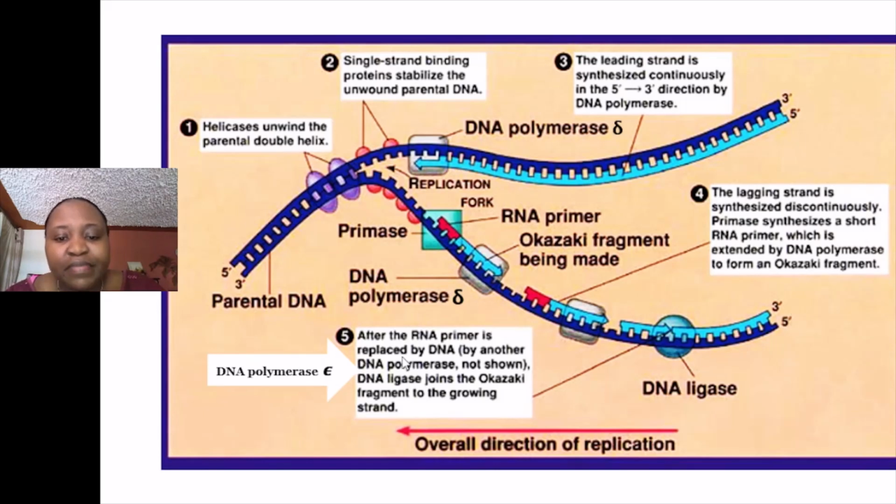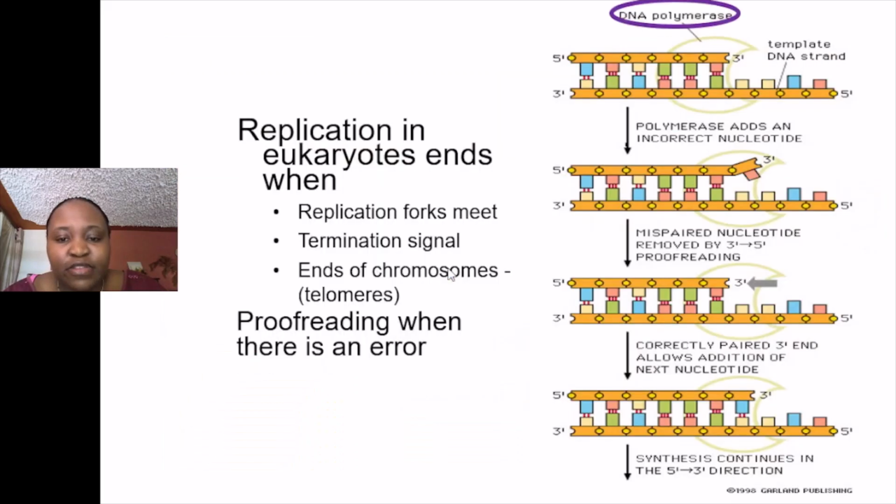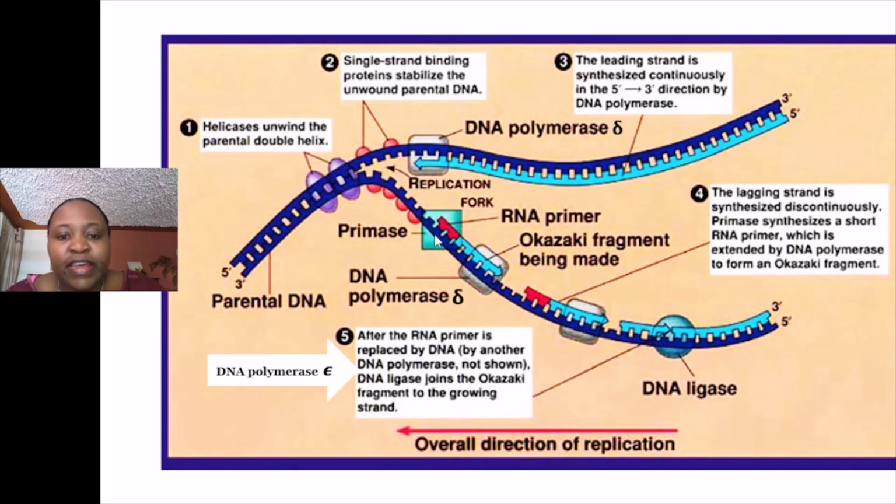So after that, the RNA primer is replaced by DNA by another enzyme. So this RNA primer is now going to be converted into DNA. Remember, this is RNA, and we cannot have RNA in our final strand. So we are going to have this RNA primer replaced by a DNA fragment by DNA polymerase epsilon.